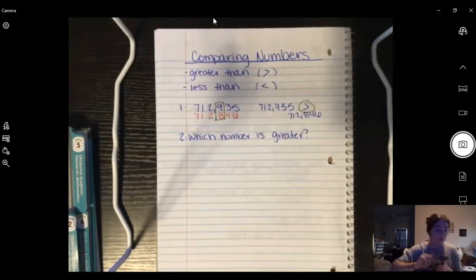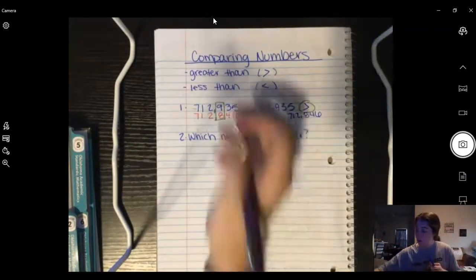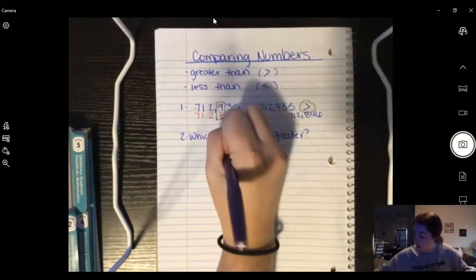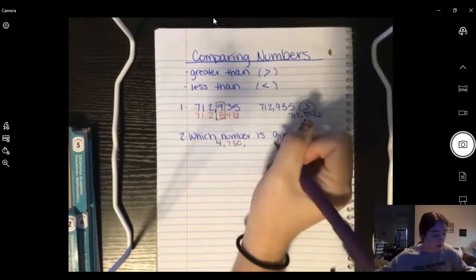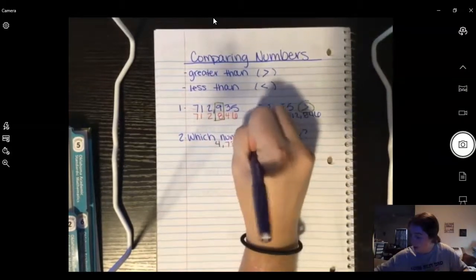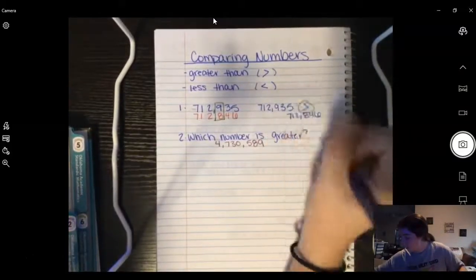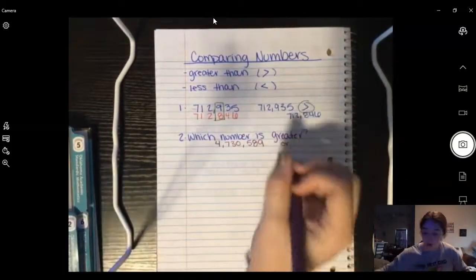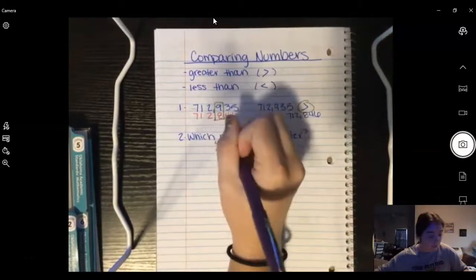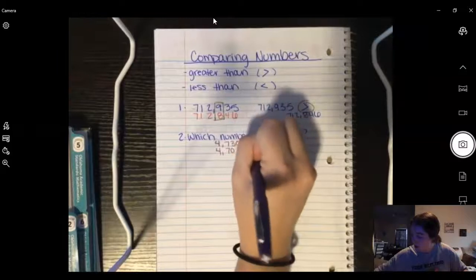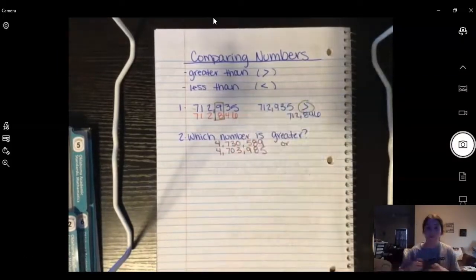We have 4,730,589, or 4,703,985. So again, we look at the numbers, we start at the left.